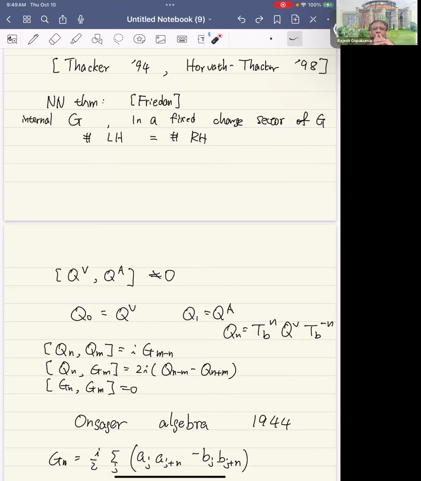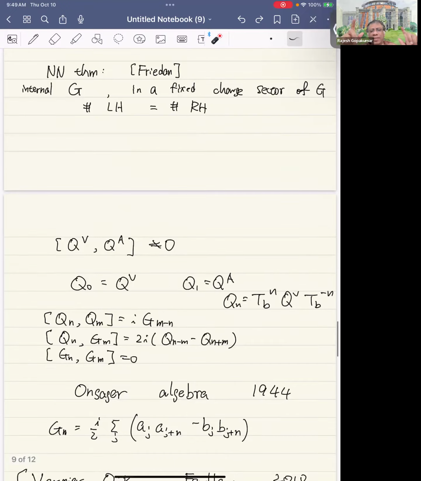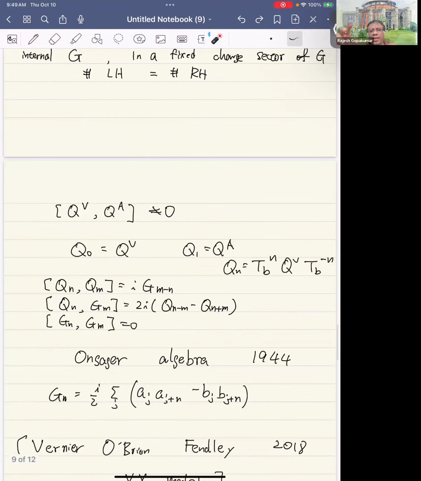And okay. And these G's, you wrote down this expression, but you might have said it, but what was the interpretation apart from the Onsager algebra? In your context, what was the interpretation for the G's? Yeah, I don't really have an interpretation for G. So G started its life as the commutator between Q and Q. In the continuum, we expect Q and Q to commute.